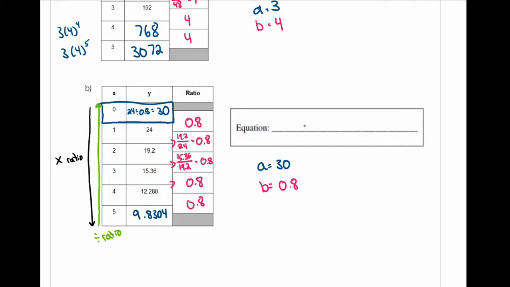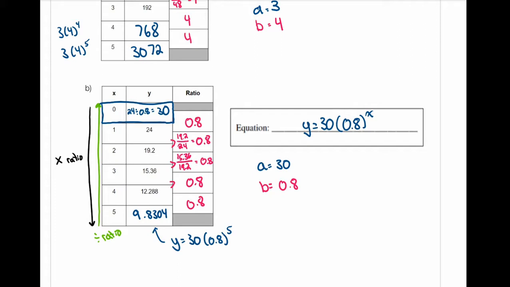So in my equation, it'd be y equals a, which is 30, times the ratio, or b, 0.8, all to the power of x. So this last box here, if I wanted to use the equation, would be y equals 30 times 0.8 to the power of 5, and I should get this answer as well.